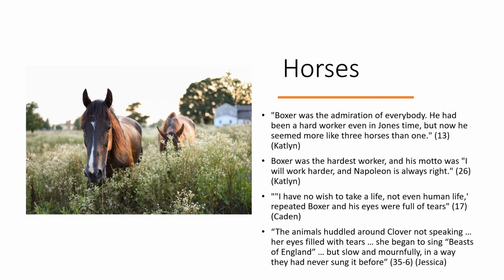And he was compassionate, didn't want to take a human life. And when he dies, Clover begins to sing Beasts of England. So they were the hardest workers on the farm, especially Boxer.